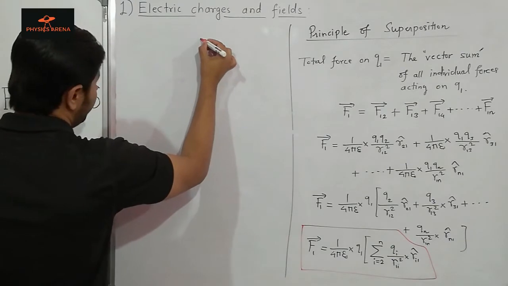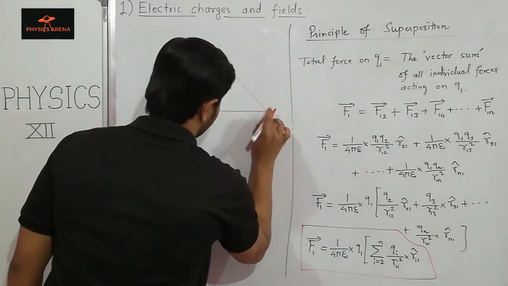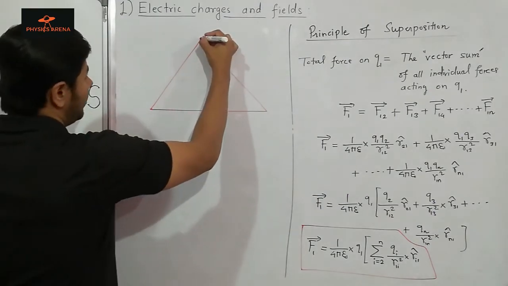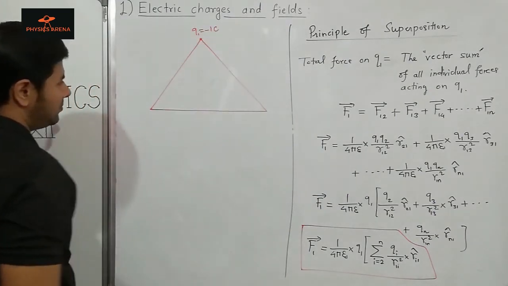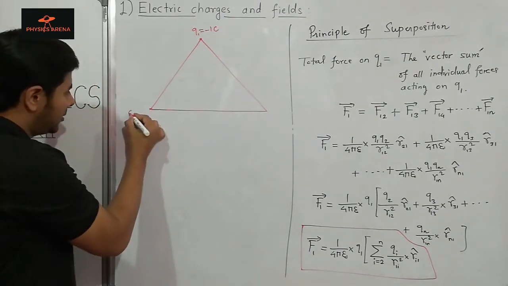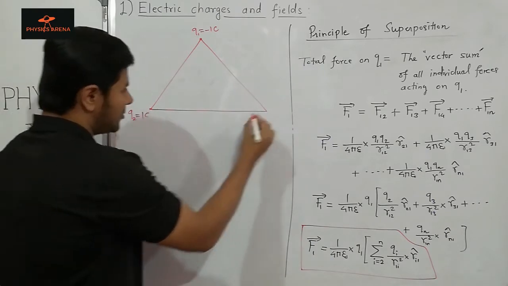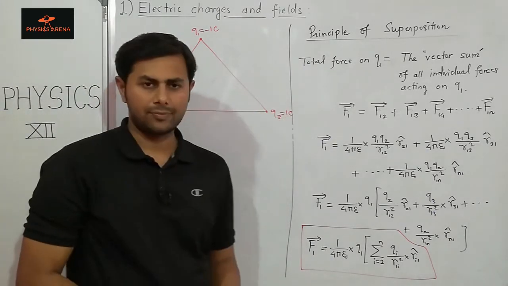Now suppose we have three charges kept on three corners of an equilateral triangle. So this is Q1 equals -1 Coulomb. Let's take Q2 equals 1 Coulomb and Q3 equals 1 Coulomb respectively.